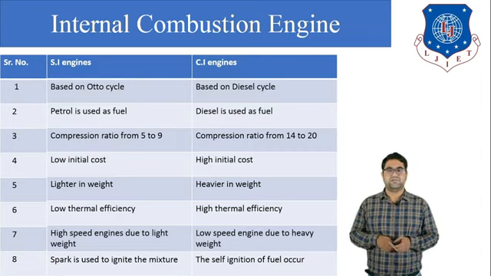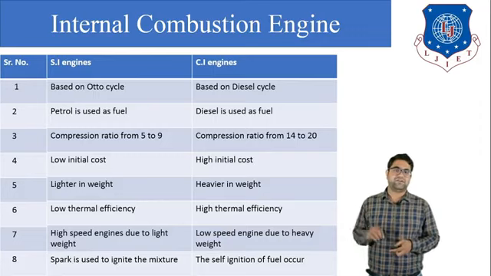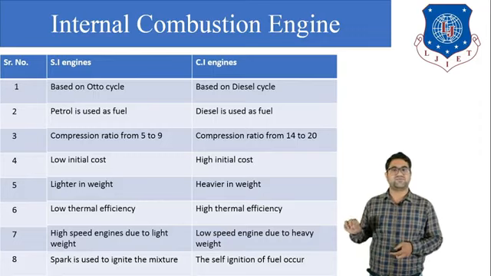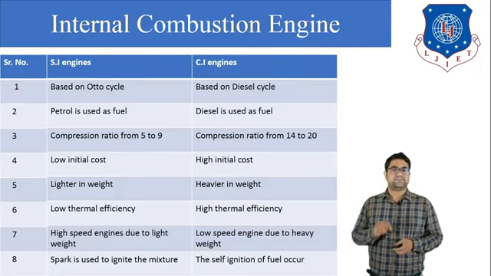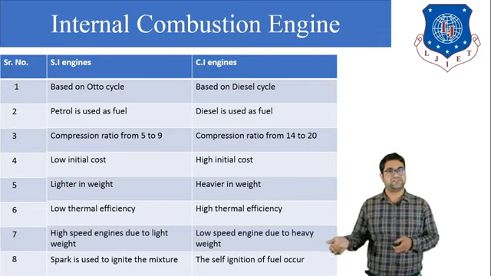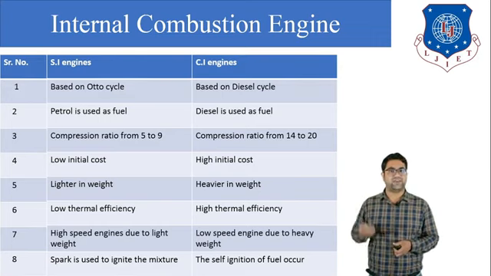Okay, so we all know that the petrol engines are generally high speed engines and the diesel engines are low speed engines. Okay, here in the petrol engine the spark is used for the ignition purpose, and the CI engines are self ignition engines. Okay, that we have already discussed in our previous lecture and today's lecture, that to ignite the mixture of petrol and air we need one spark plug.